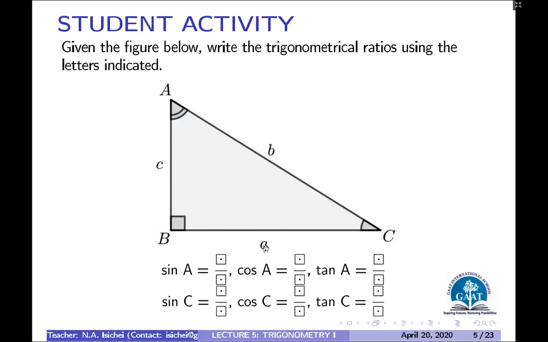Small a is the side opposite vertex capital A. Small b is the side opposite vertex capital B. And small c is the one opposite vertex capital C. You're expected to pause this video and attempt this activity before you continue with the video.